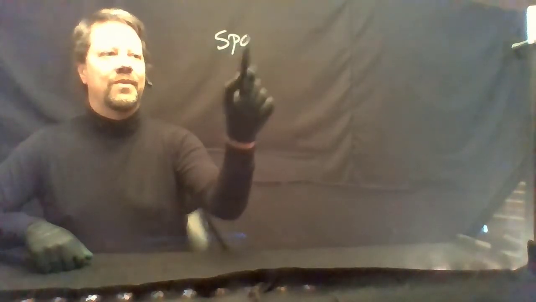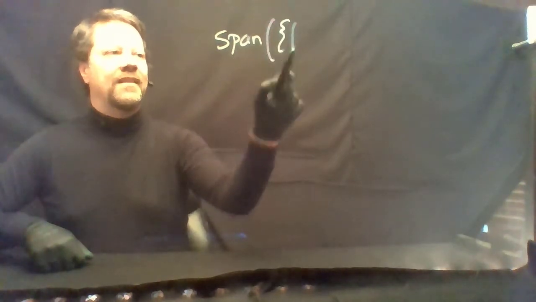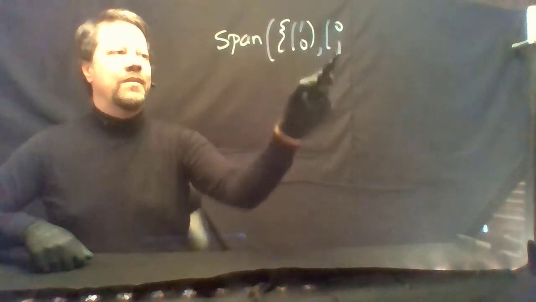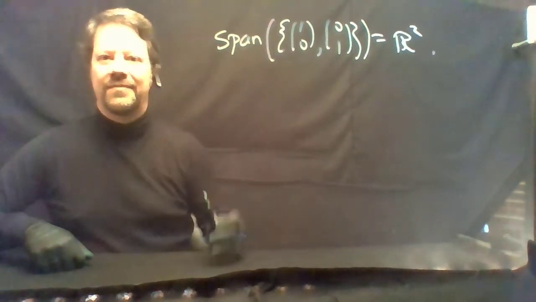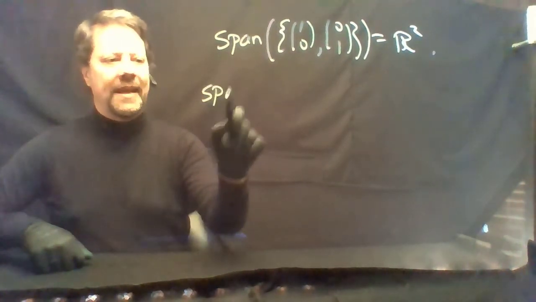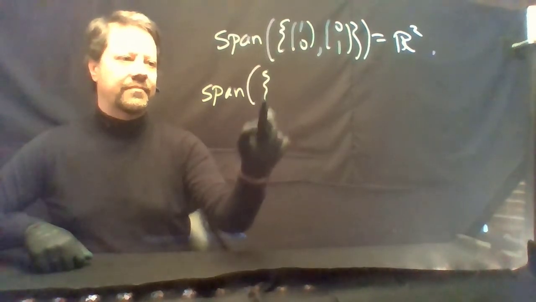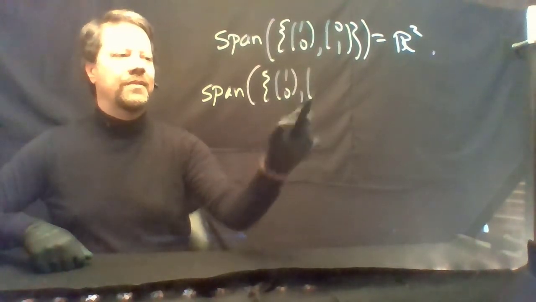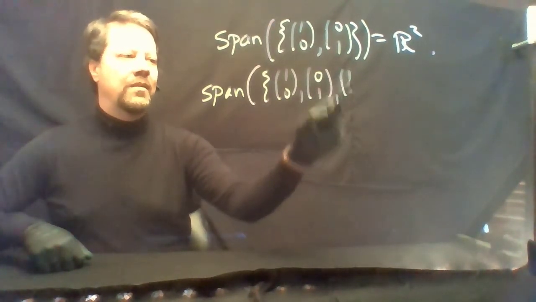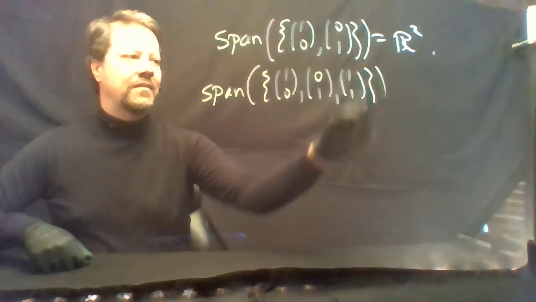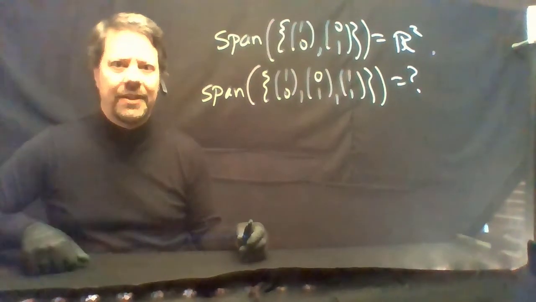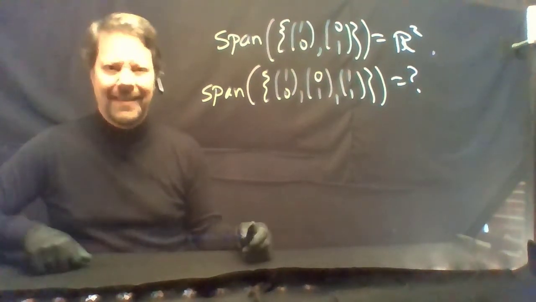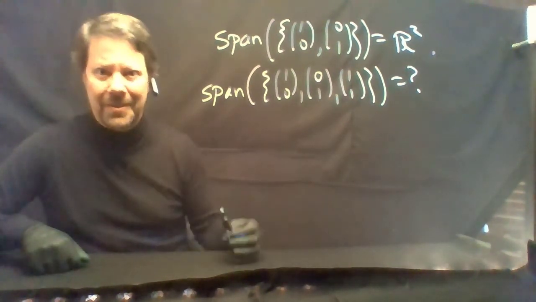We already know that the span of (1, 0), (0, 1) is all of R2. But what is the span of (1, 0), (0, 1), (1, 1)? What if I throw in some additional vector? Can you get any less than all of R2?